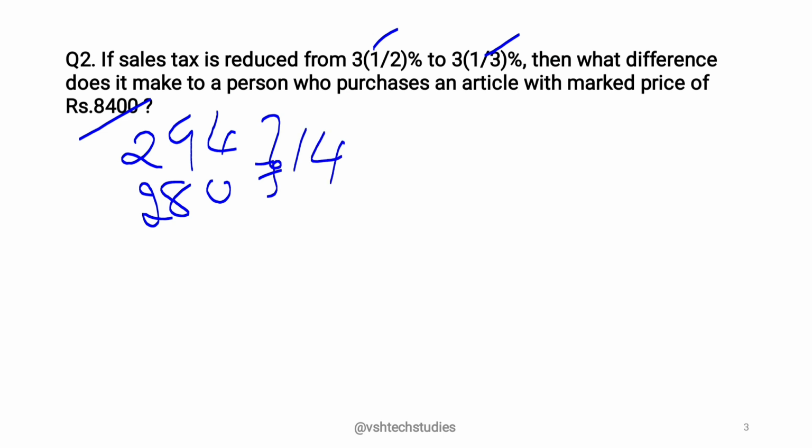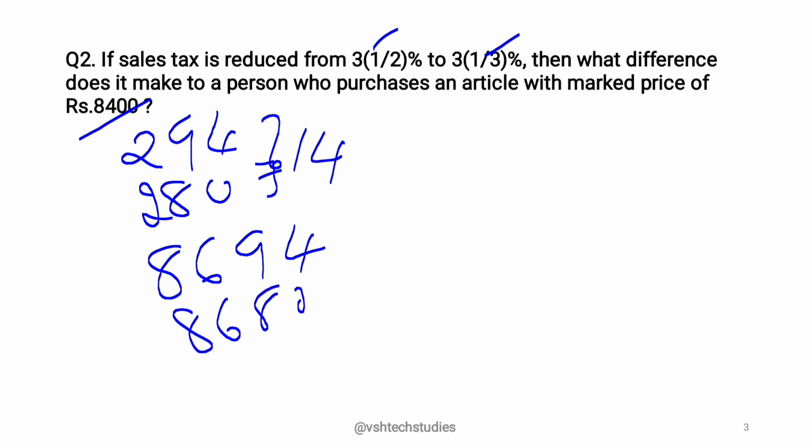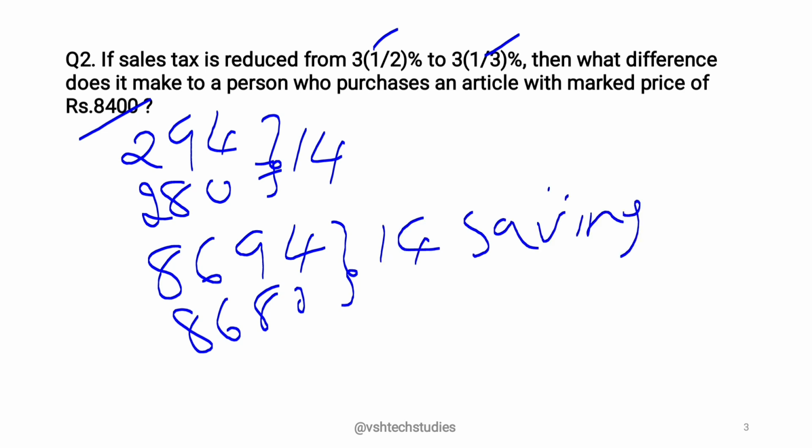Or the total price or selling price of the article is reduced from 8694 to 8680. That also speaks of 14 rupees saving. Okay. So the answer is 14 rupees is saved. That completes the solution of question number 2.